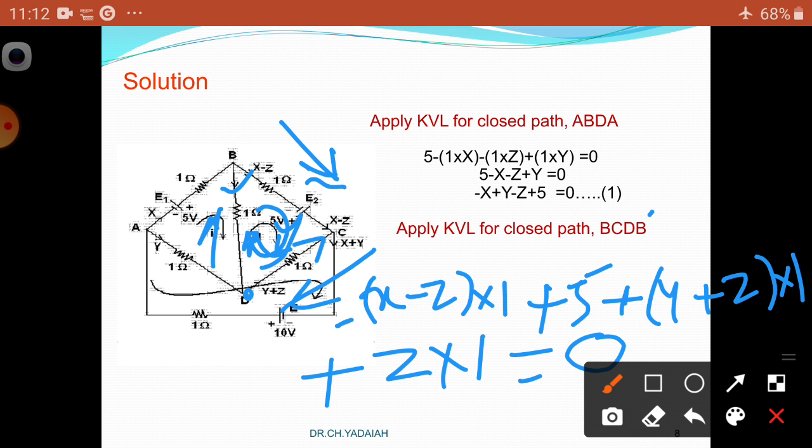So here, taken from B to C, minus I into R, plus the voltage source, plus the drop in the CD branch, plus the DB branch terms, we have written. Now simplify these equations. We are going to get the second equation.